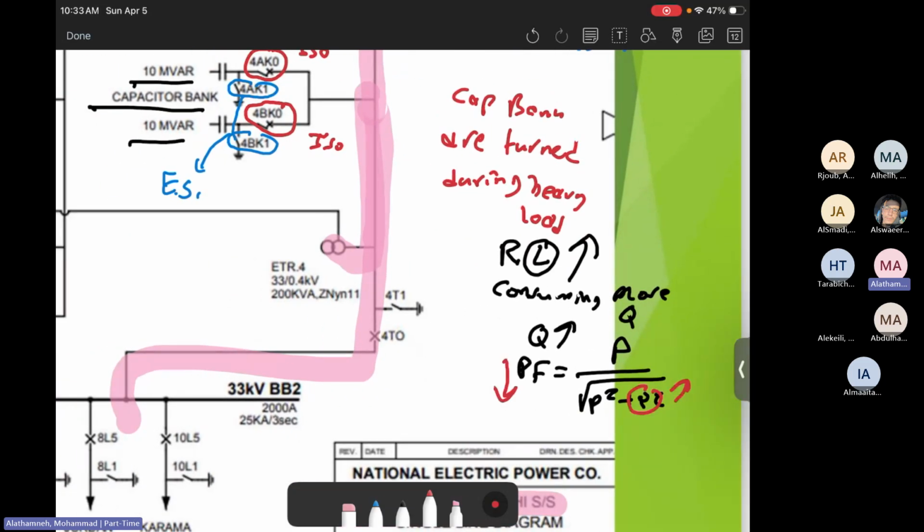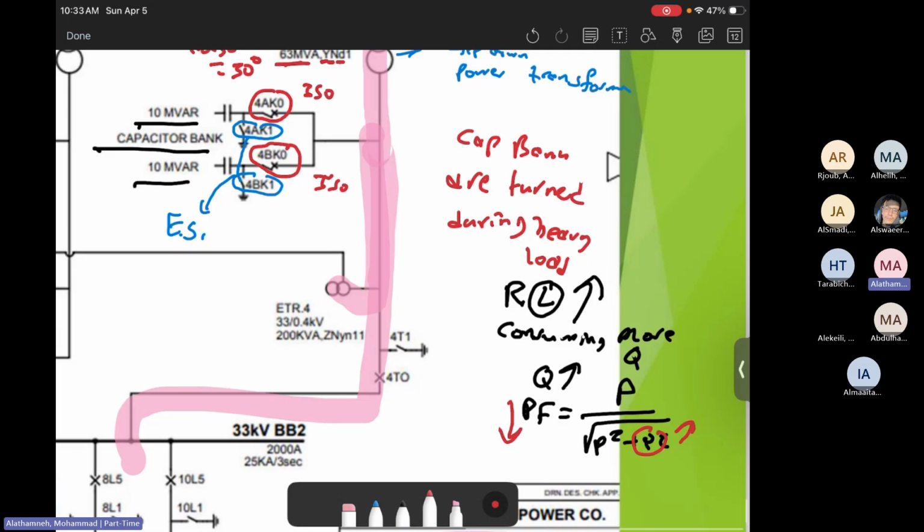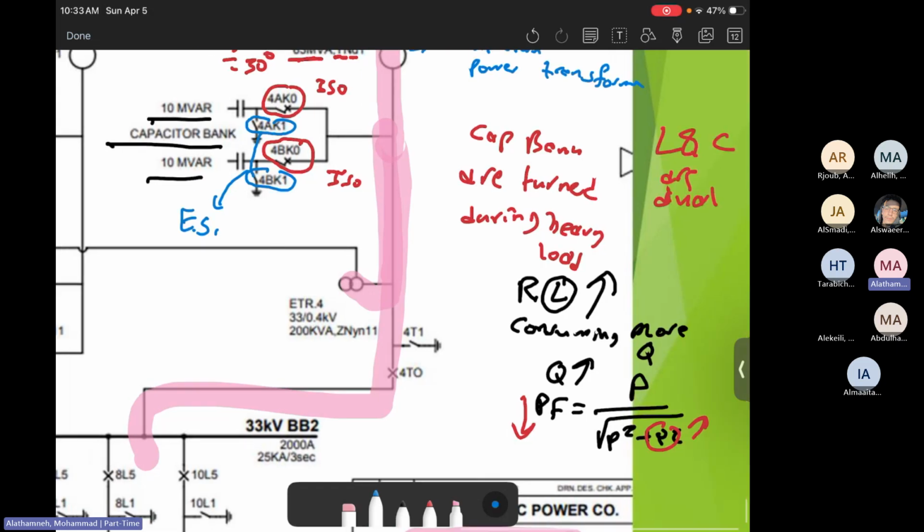Therefore, we need to compensate the inductance. As we know, inductance and capacitance are dual, which means the opposite of the inductance is the capacitance. So during this situation, add capacitors to reduce Q. When we reduce Q, what will happen to the power factor?